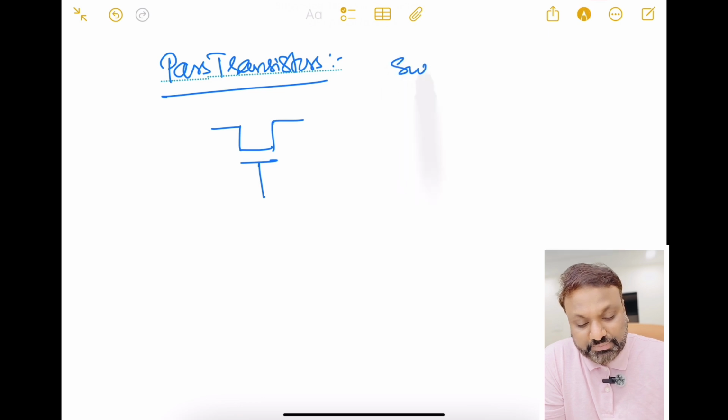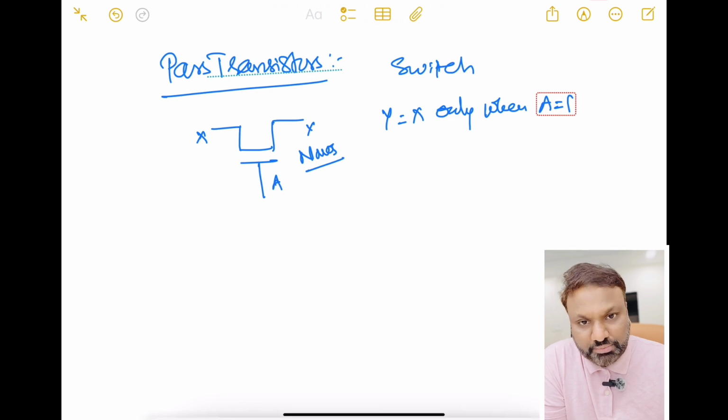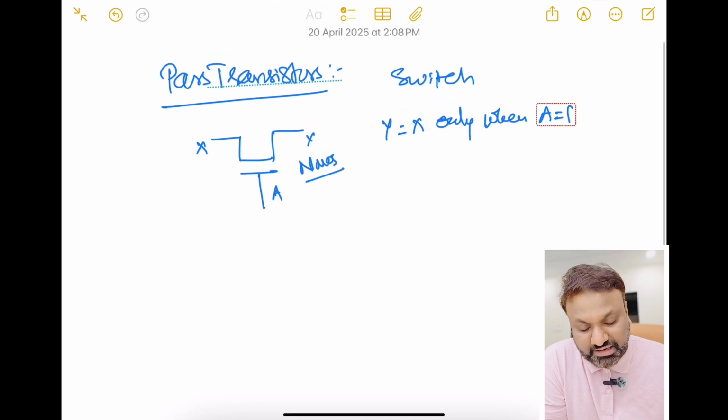It is a unidirectional switch in which, suppose I have the input A here, and X and Y. Y will be equal to X only when A is equal to 1 for an NMOS, because this is an NMOS transistor. That means the output will be equal to the input only when A is equal to 1. Until and unless I give A equal to 1, X will not be equal to Y. That means it is acting as a switch.